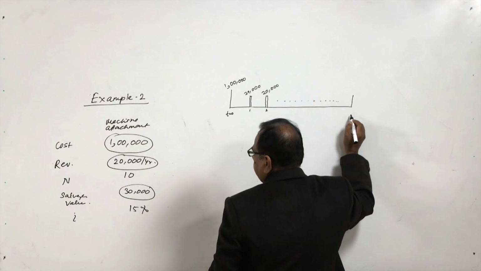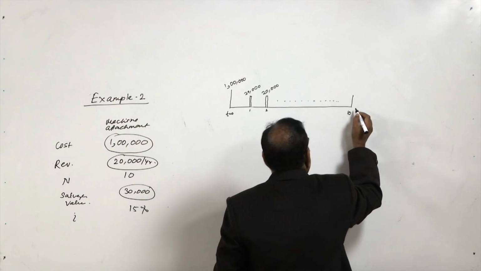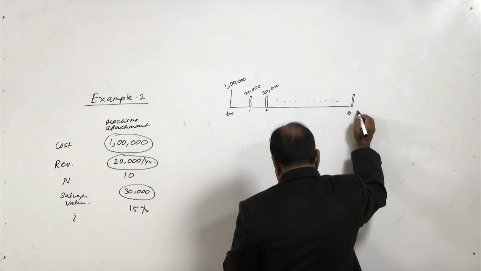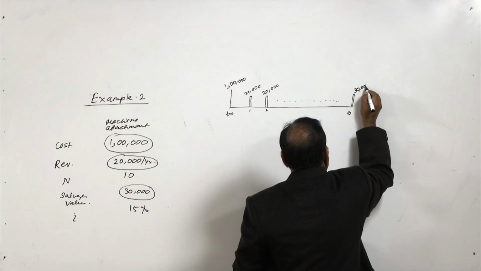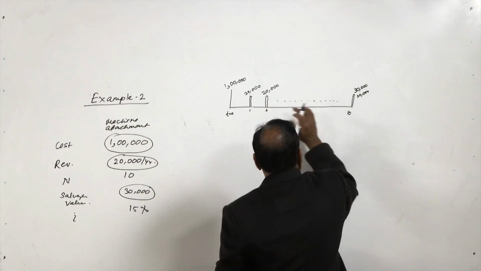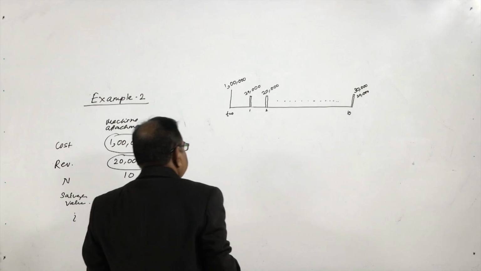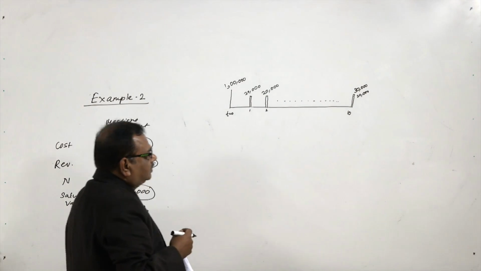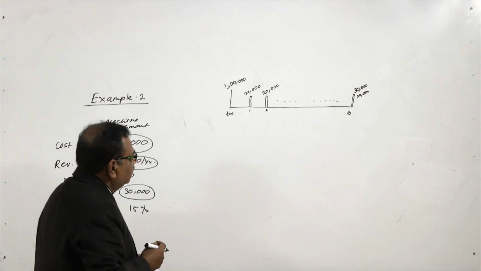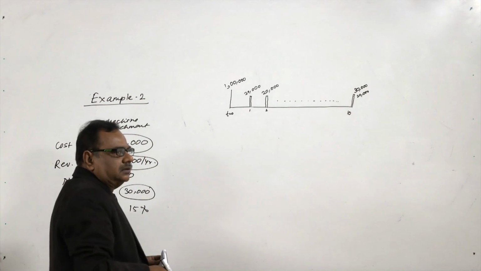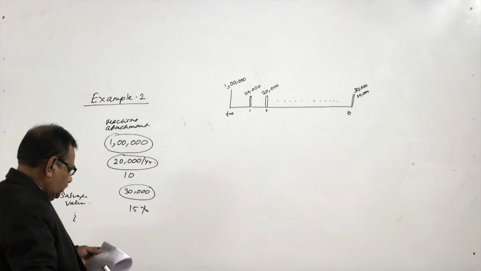Now, on the 10th year I am getting an amount of 30,000 over and above another 20,000. So, this is an annuity. To find out the present worth, I have to use the annuity formula, and for the salvage value I can directly convert it into present worth by dividing it by (1 plus I) to the power n. So, let us solve it.